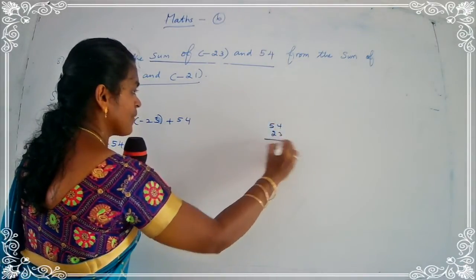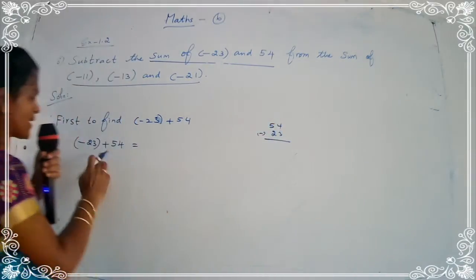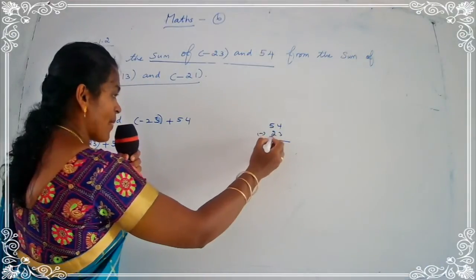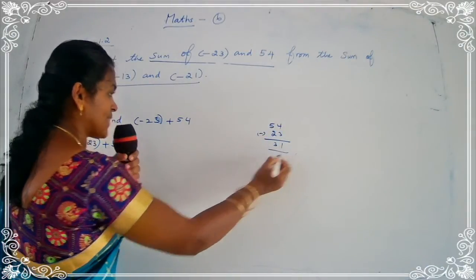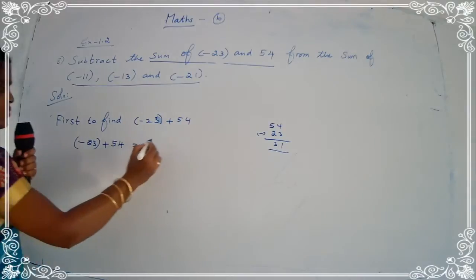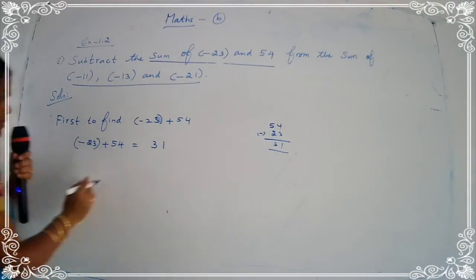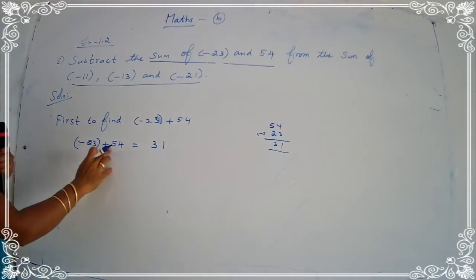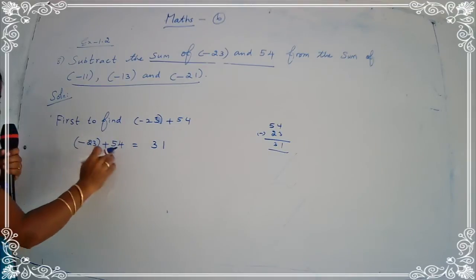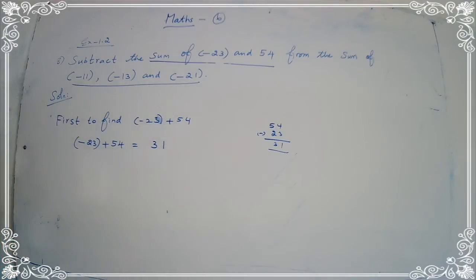What is the answer? 4 minus 3 is equal to 1, 5 minus 2 is equal to 3. So your answer is 31. What is the sign? Plus only. Why? Here the greater number's sign is plus. That's why your answer is plus 31.